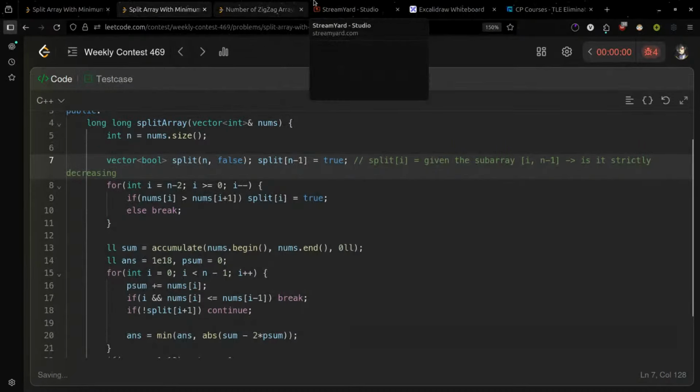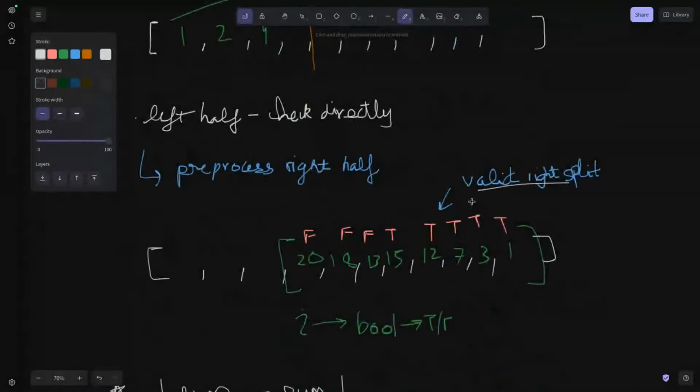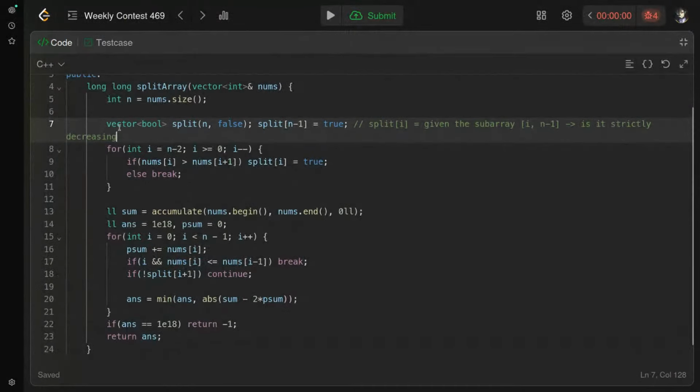So basically, I'm checking if this right half starting at position I is valid. It's the same bool array of true, true, true, false, false, whether it's a valid right split or not, right? So this is my split array. Obviously, the last value will be true because only one element is a strictly decreasing array.